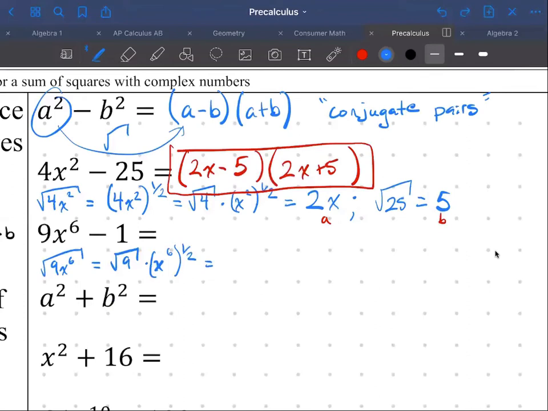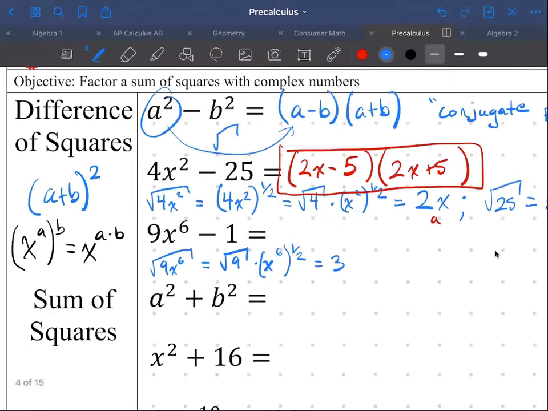And then remember the way that we do a power to a power is we multiply those powers. So I'm multiplying, what is 6 times 1/2? 3. There it is. All right, so Chewy's taking the square root of 9x to the power of 6.